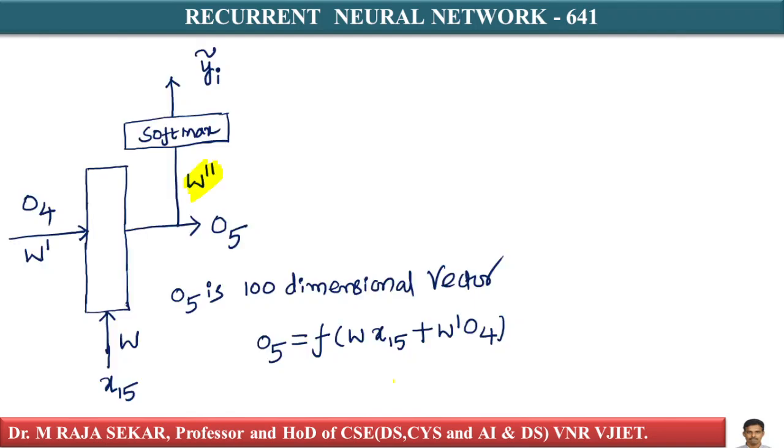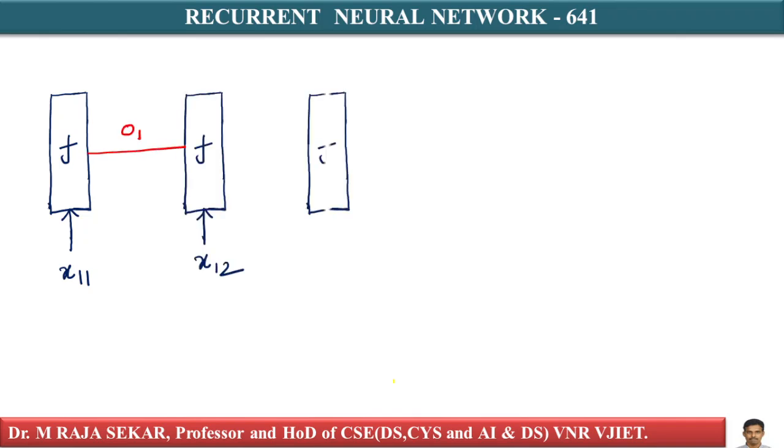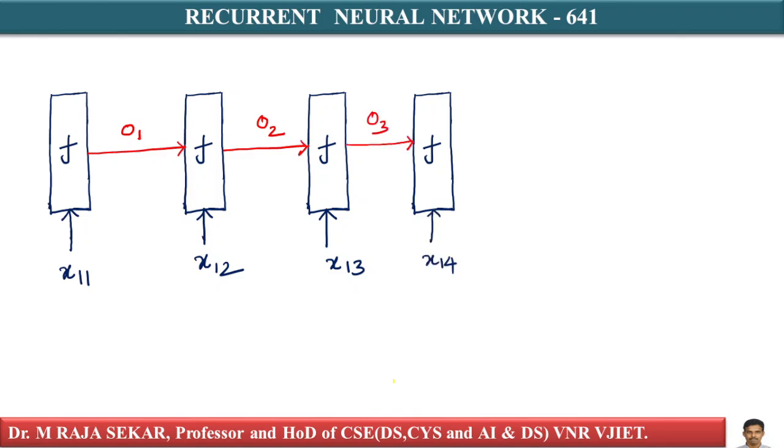Let's actually draw this to make it much easier to understand. You have your x11 here, and it generates O1, and next you send x12, you have your function f which generates O2, isn't it? Next you send your x13, the same function, which generates O3, and x14 which generates O4.